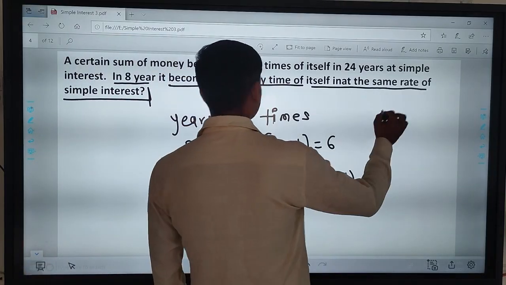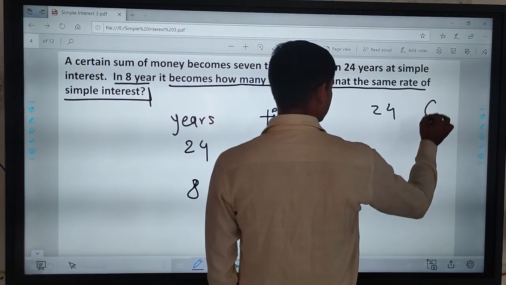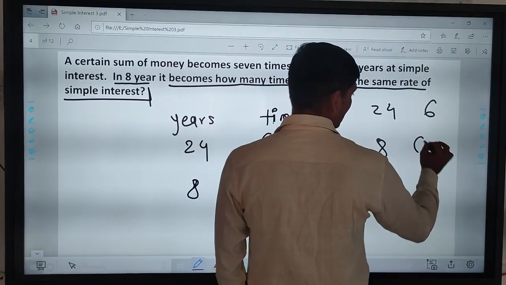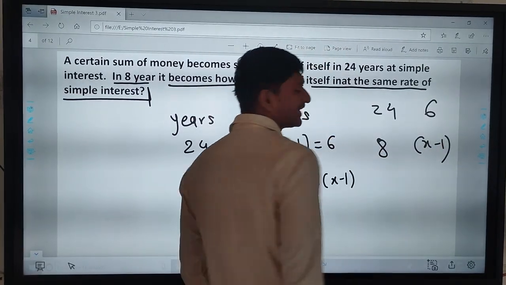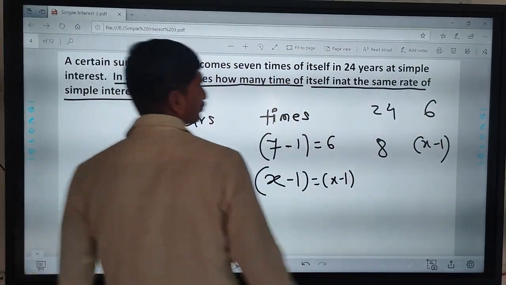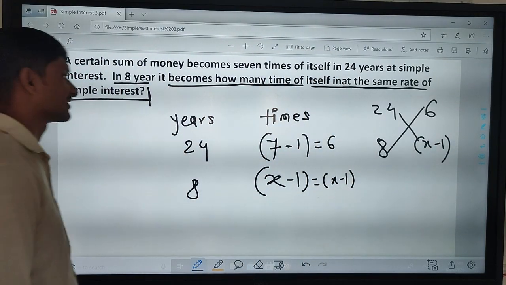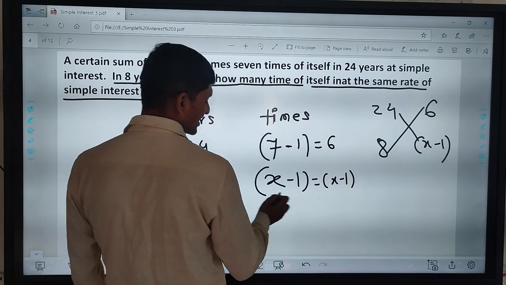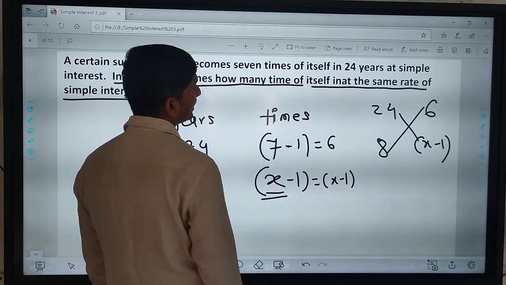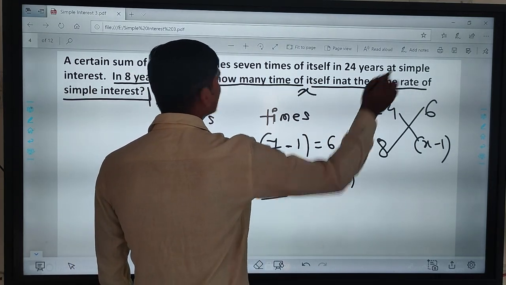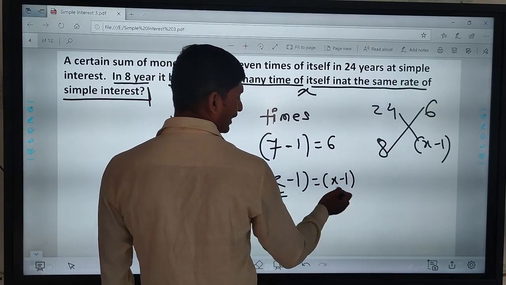Here we write 24, 6, 8, x minus 1. Then we get the value of x. Your answer is x; it becomes x times in 8 years.